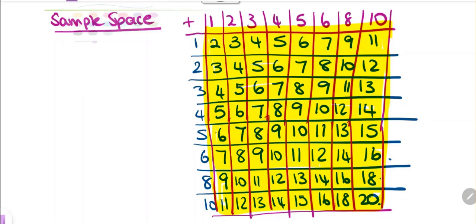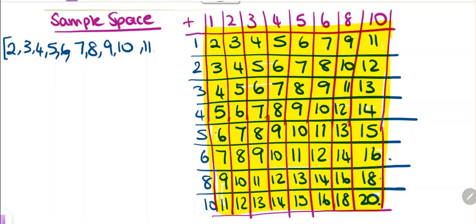So first of all, for our sample space, we're going to have the values 2, 3, 4, 5, 6, 7, 8, 9, 10, 11, 12, 13, 14, 15, 16, 18, and 20.